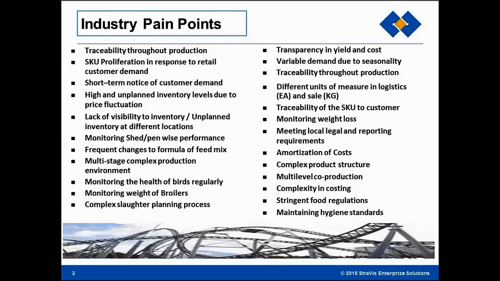And also there are frequent changes to the formula of the feed mix because of the requirement at the poultry. When birds are in different ages, different feed mixes are used. Also, whenever there is an epidemic like bird flu, the whole formulation will be different. They will start adding medicines to the feed.